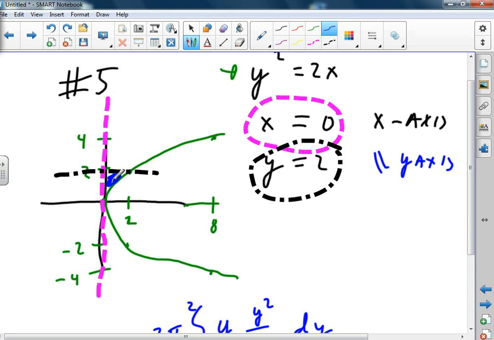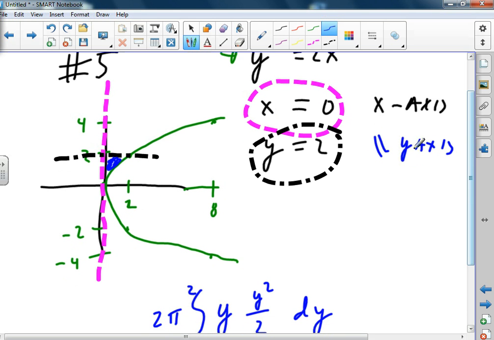If I'm rotating it around x, I'm parallel to the x-axis. If I'm parallel to the x-axis, I got to do it dy. Okay, so I'm doing it the right way.